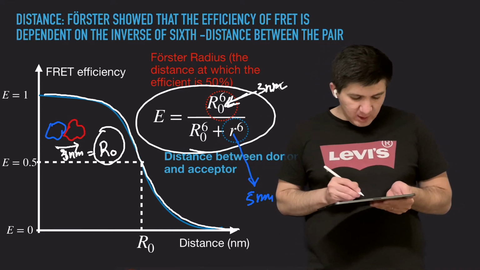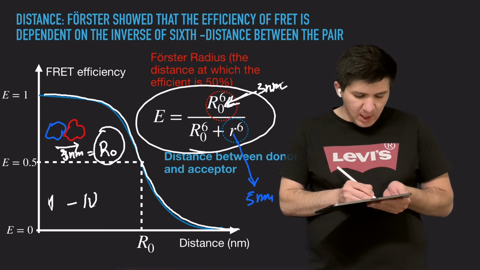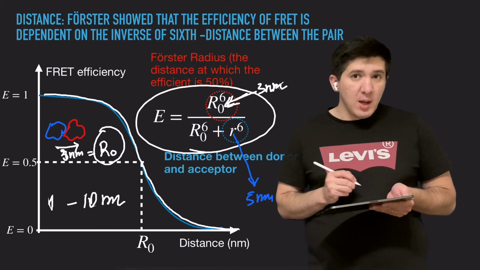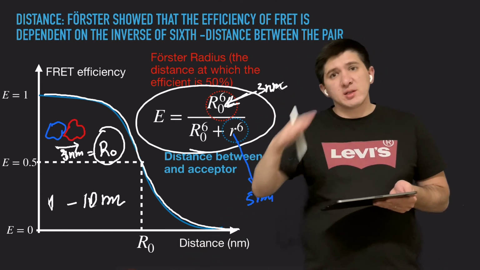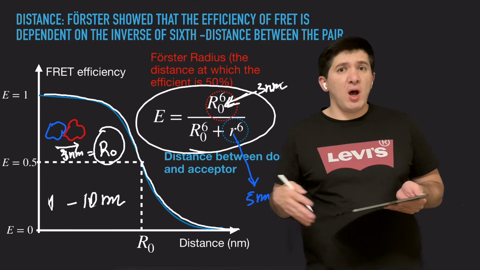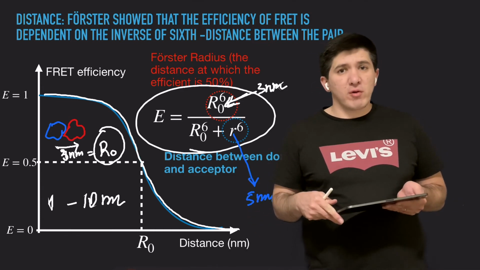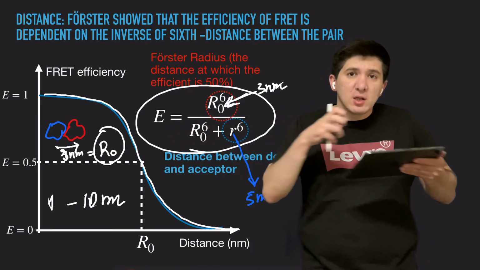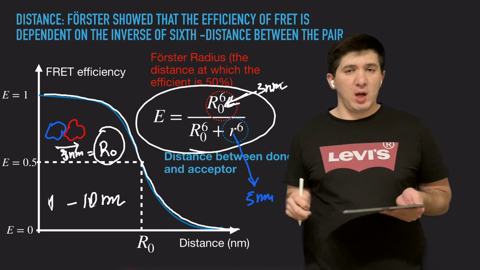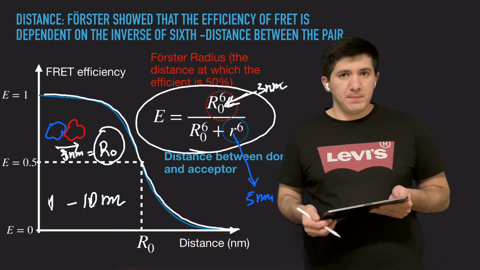So usually the FRET is going on between 1 and 10 nanometers. But again, you see the efficiency is going to drop down after this R naught. So essentially, if the R naught for a pair of fluorophores is equal to 3 nanometers, then after you split them more than 3 nanometers, the efficiency is going to drop down rapidly.